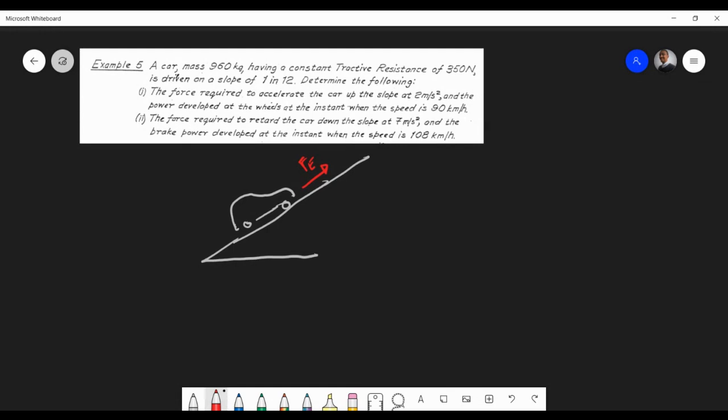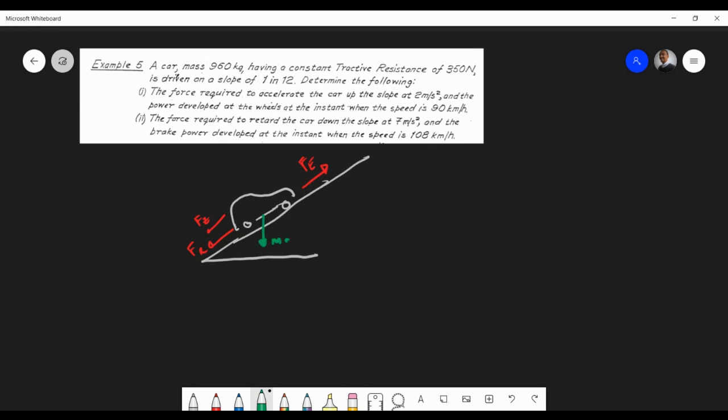And of course, as it's going up, we've got the tractive resistance, Fr. We've got the inertial resistance, Fz, the inertial force. And also on the slope, we've got another force. So of course we have our infamous component of our weight split over here.